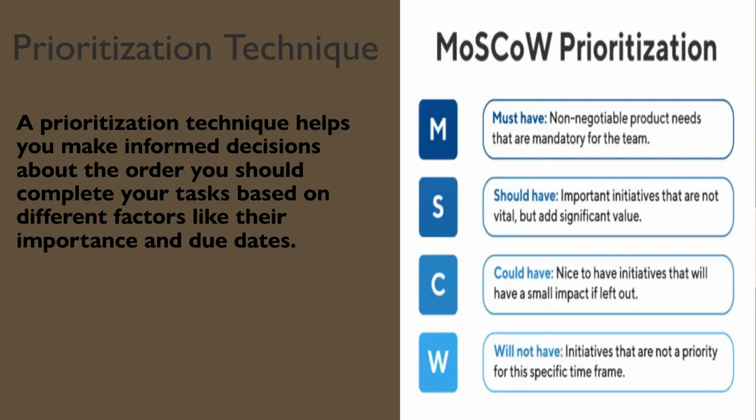So we have 3 weeks, we have 3 months to deliver on a project. So we need to prioritize what is important to release, to give out in this first phase. So the prioritization techniques will help us to make informed decisions on what we need to do now.